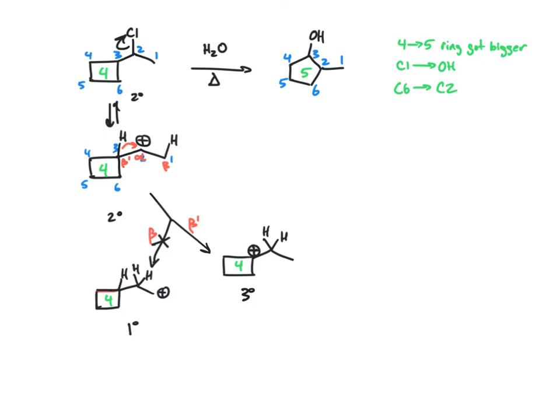So that's the overriding factor in this mechanism. So I'm going to call this C6 to C2. So this whole bond will come over, and I'm going to draw it without moving too much stuff first.